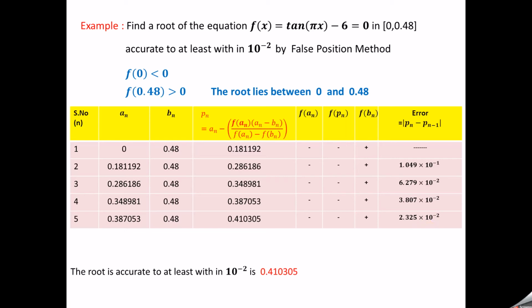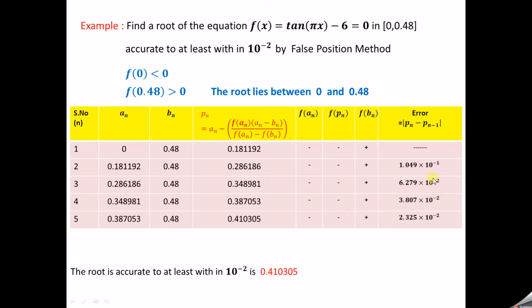I think this first value is 10 power minus 1. We have to check this one. The next value also will be 10 power minus 1, it seems.